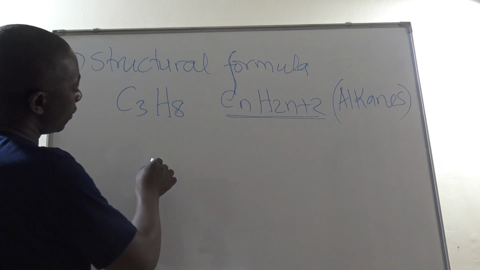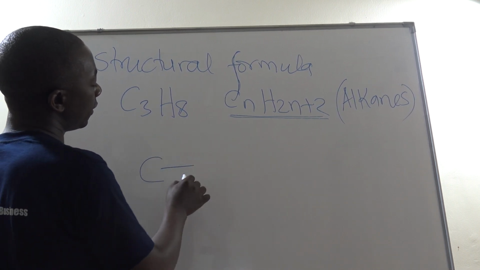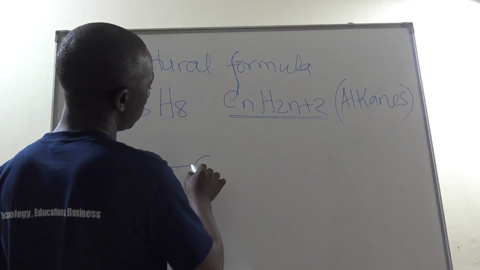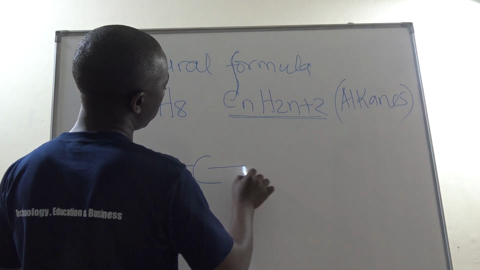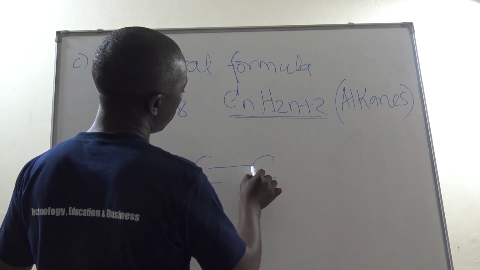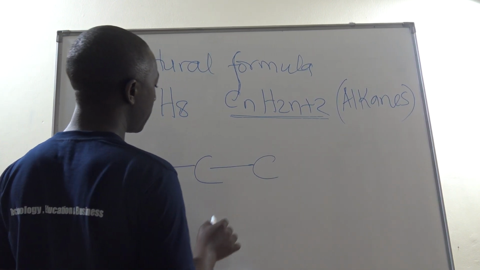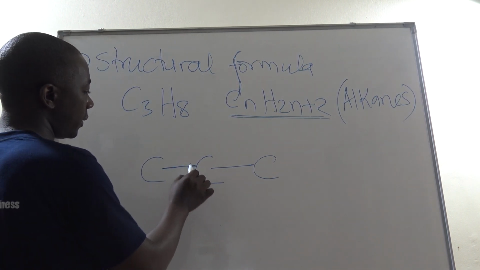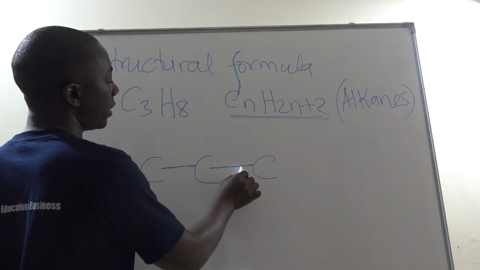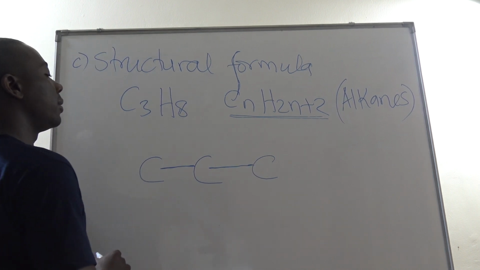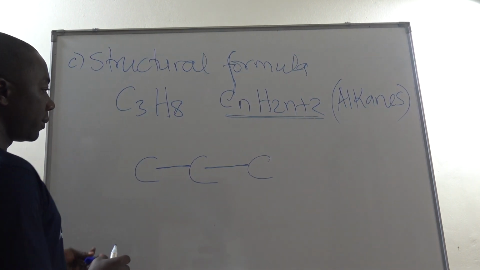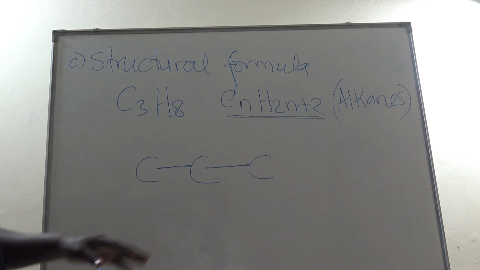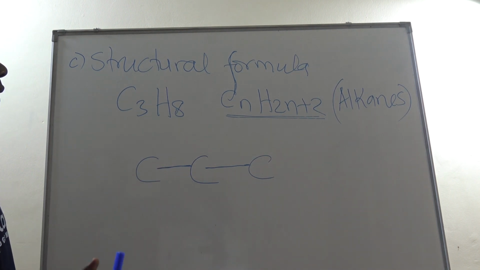So this is a carbon. We can express it to another carbon. We express it to another carbon. Only that we make sure that bonds reach where they are going. We should avoid hanging bonds. Those are 3 carbons. They are able to connect with one another because these are carbons, and carbons undergo catenation.